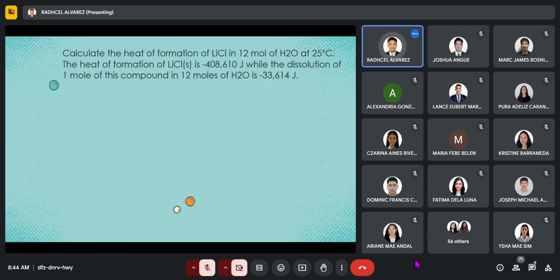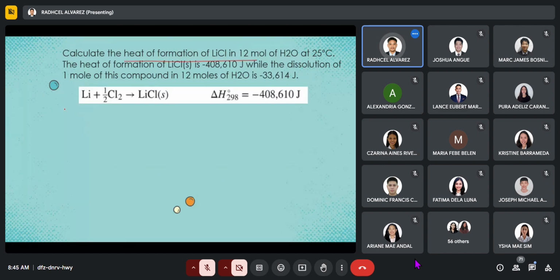So, paano iyon? Puntahan natin muna yung heat of formation. Meron daw tayong formation ni lithium chloride. So, meron tayong lithium plus chlorine will yield to lithium chloride, and ang kanyang heat of formation ay negative 408.610 joules. So, ito yung ating given.